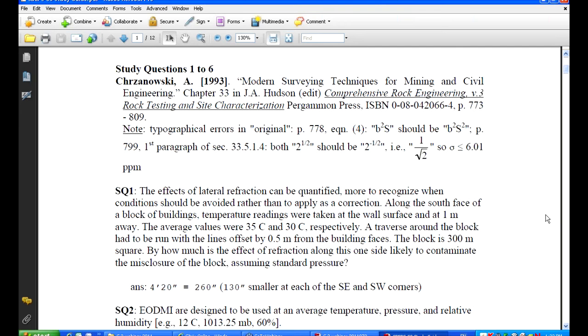So the 35 Celsius is at the building, the 30 Celsius is 1 meter away. So if we're running a line that's half a meter away, the temperature would be halfway between those two in proportion to the 0.5 to 1. Which would be 32.5. And the gradient would be 5 degrees, 35 minus 30 divided by the 1 meter, which would be 5 degrees per meter.